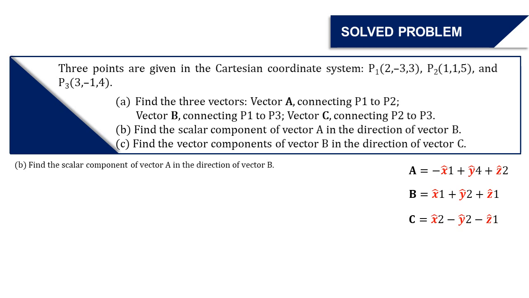For letter B, we are to find the scalar component of vector A in the direction of vector B. Let's go back to the video where we solved scalar components in the direction of another vector.